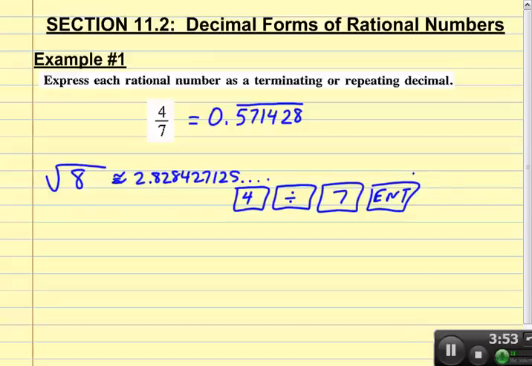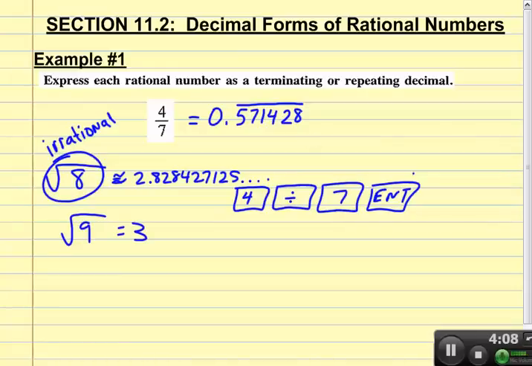If I take the square root of a whole number and I don't get a whole number, this thing is irrational. That means there is no fraction that equals it. If I take the square root of a whole number and I get a whole number, now that number is rational. But this is an important concept to keep in mind, that there is no fraction that represents the square root of a whole number that doesn't come out to a whole number.